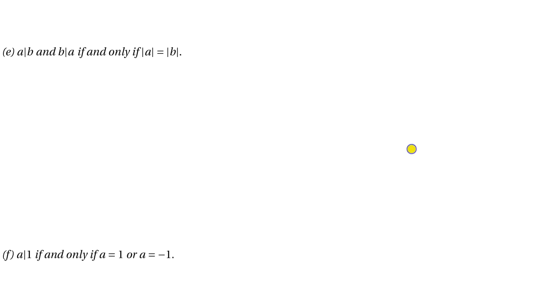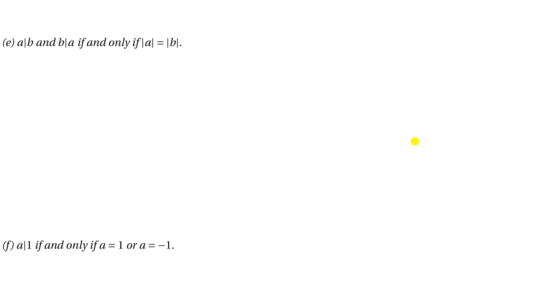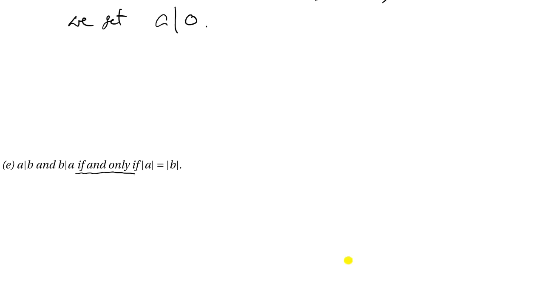Now the next one is a little bit complicated. Another thing is the statement has if and only if, which means, in math, whenever you have P implies Q, the meaning is if P is satisfied, then Q is what we get as a conclusion.